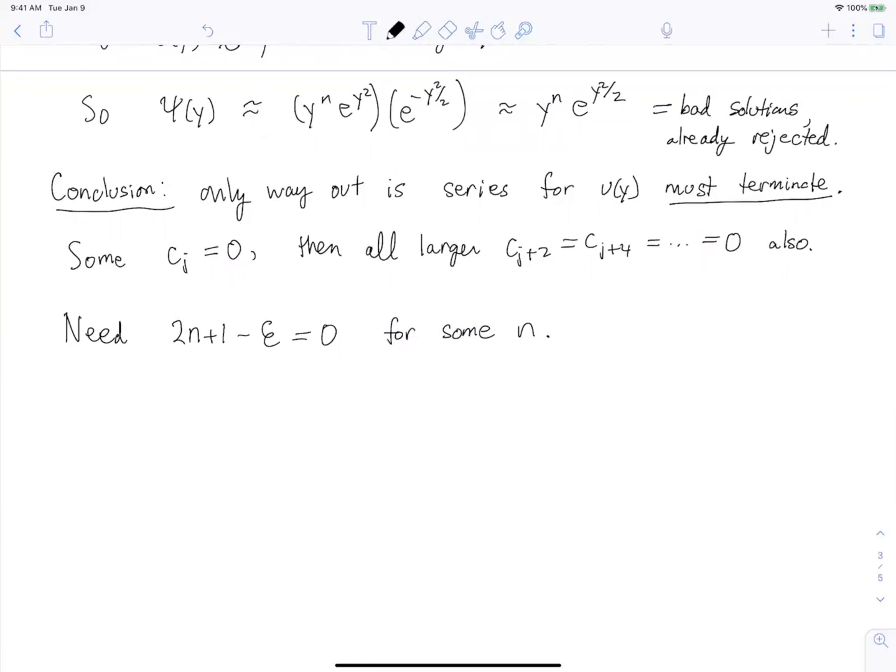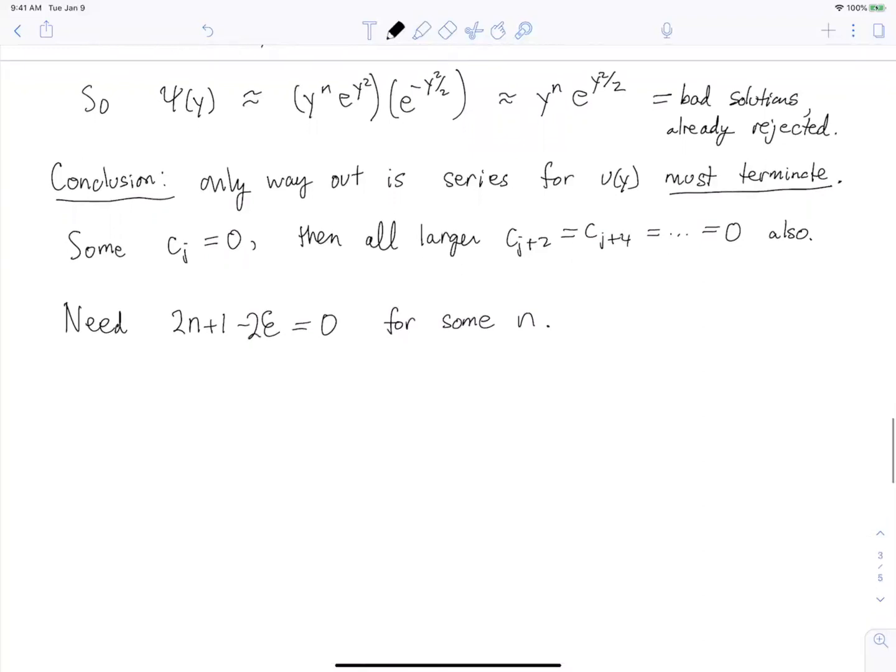Isn't it minus 2 curly e? Yeah, minus 2 curly e. Very good. Yes, thank you. Okay, and so now the allowed curly e's are n plus 1/2 for integers n equals 0, 1, 2, etc.